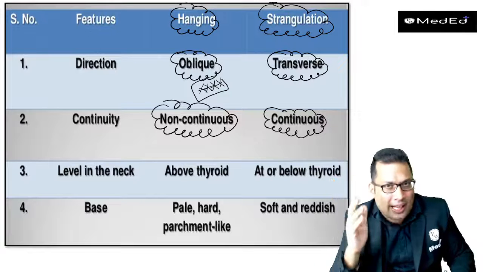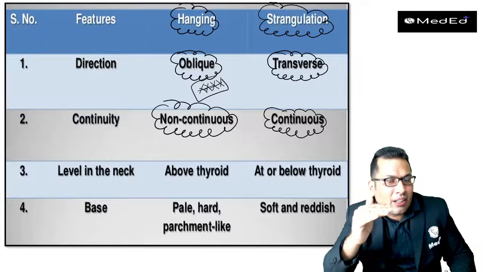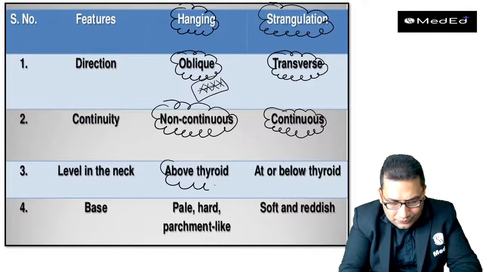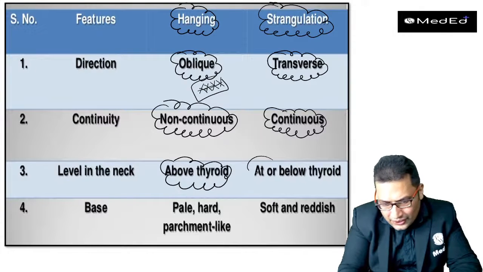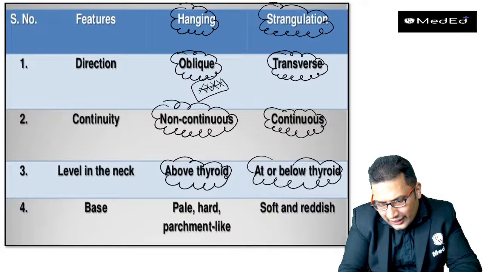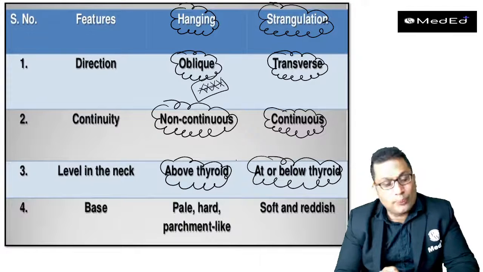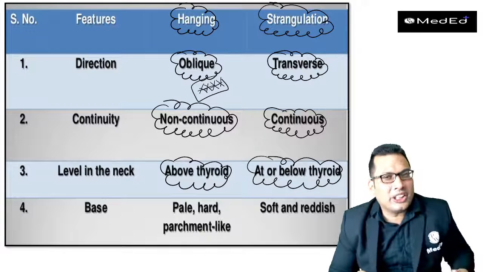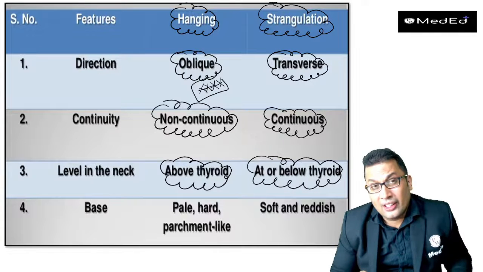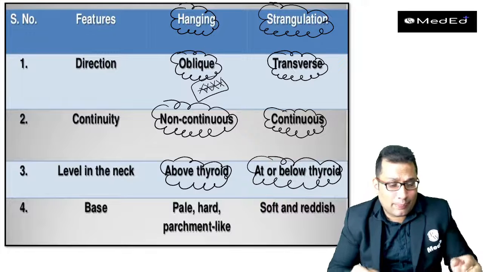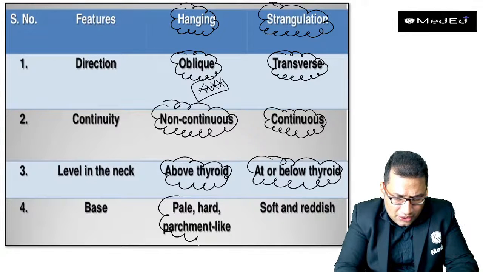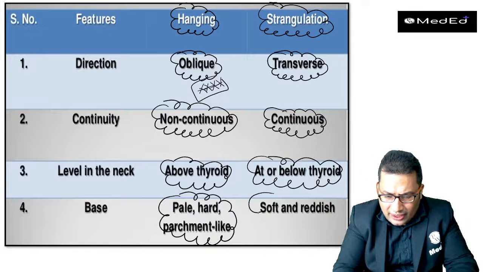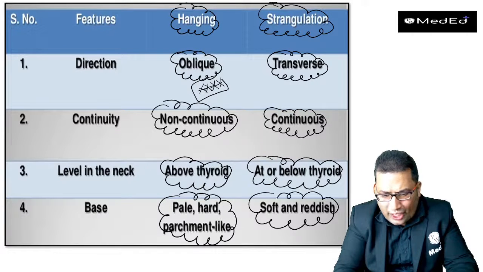But in case of strangulation, it is at or below the thyroid cartilage. This is asked in your exam. And one more point, the base. In hanging, the base of the ligature is pale, hard and parchment-like. It is soft and reddish in case of strangulation.